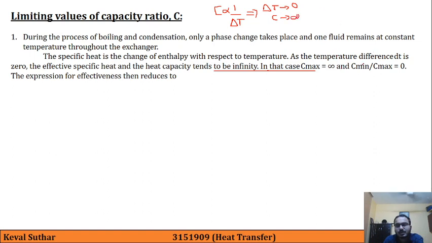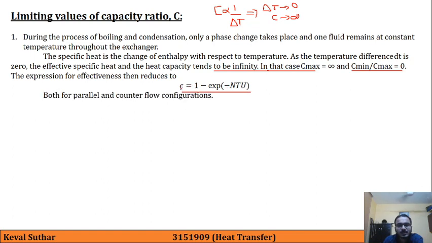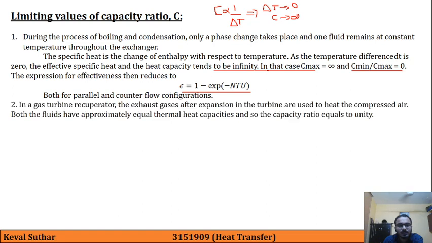So the ratio of C min to C max will be 0. So because of that, our capacity ratio will be 0. So effectiveness expression reduces to this, because if you put that value of C equal to 0, we will get this answer. This is both for parallel and counter.